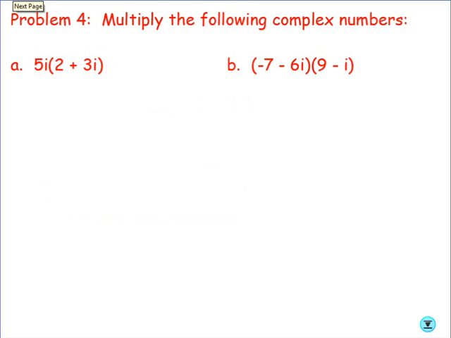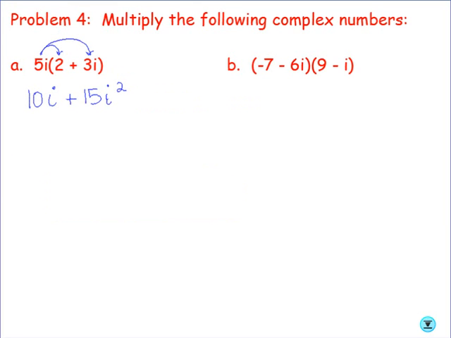So the direction said distribute. So that's exactly what I'm going to do. 5i times 2 is 10i. 5i times positive 3i is positive 15, but i times i is not i. It is i squared.